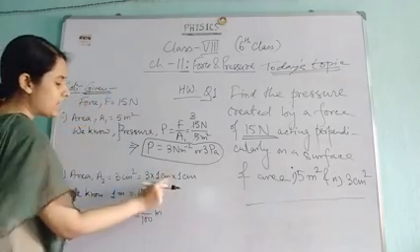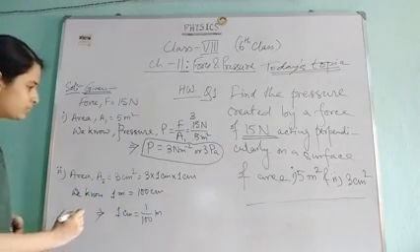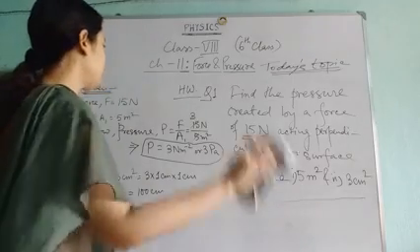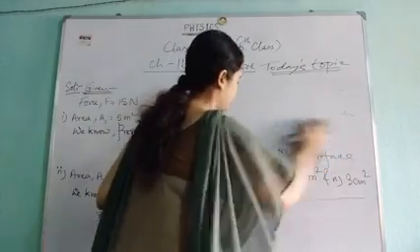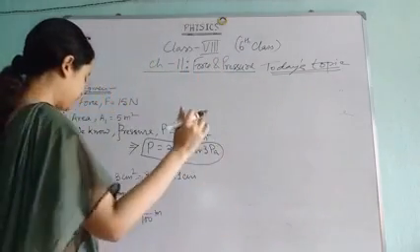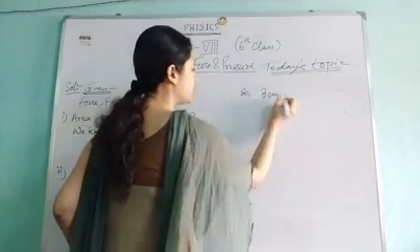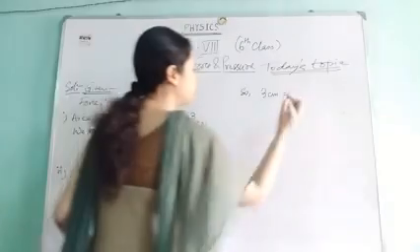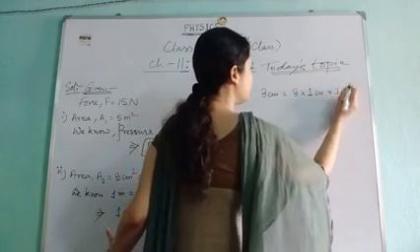So how can I change this? I will change this in this way. I hope it will not be visible if I write there. So let us do it here. So 3 centimeter square is equal to 3 into 1 centimeter into 1 centimeter.